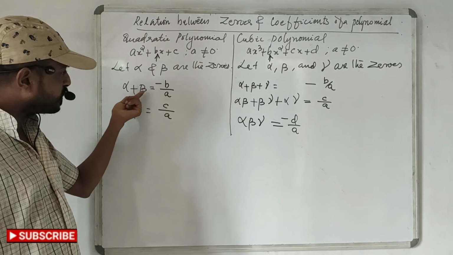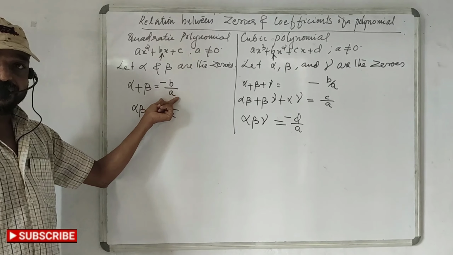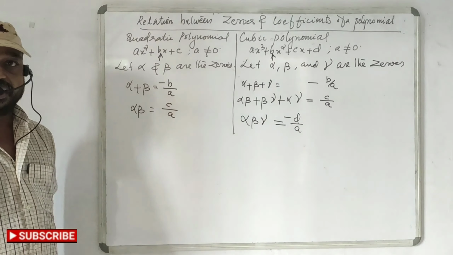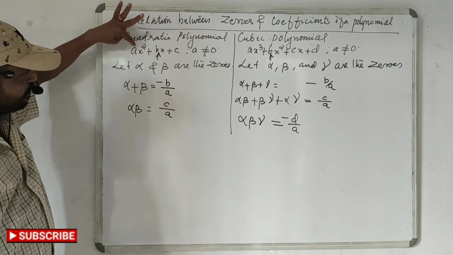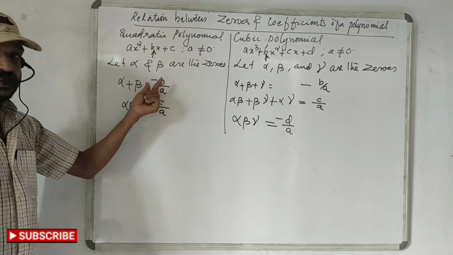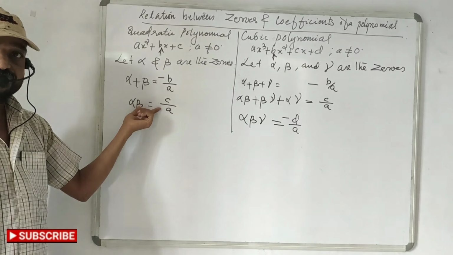Then the sum of the zeros, alpha plus beta, will be minus b by a, and the product of the zeros, alpha into beta, is c by a. The common denominator is a. The first is negative and the second result is positive.